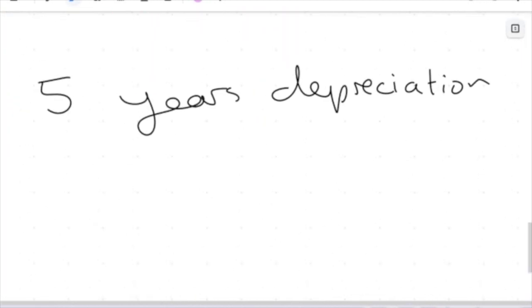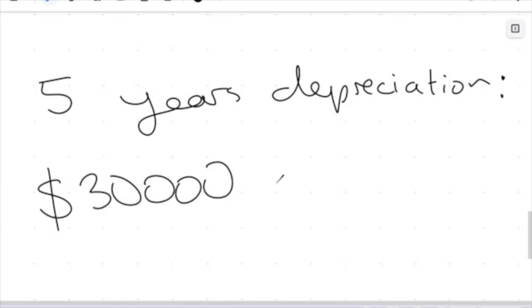So therefore, we can say that for 5 years depreciation, my $30,000 could just get multiplied by my 0.85, my depreciation each year, to the power of 5.